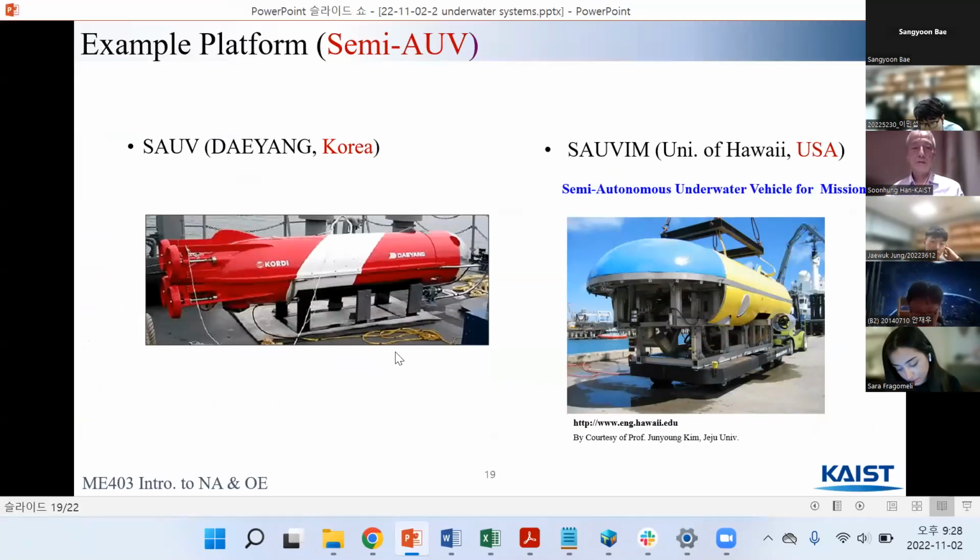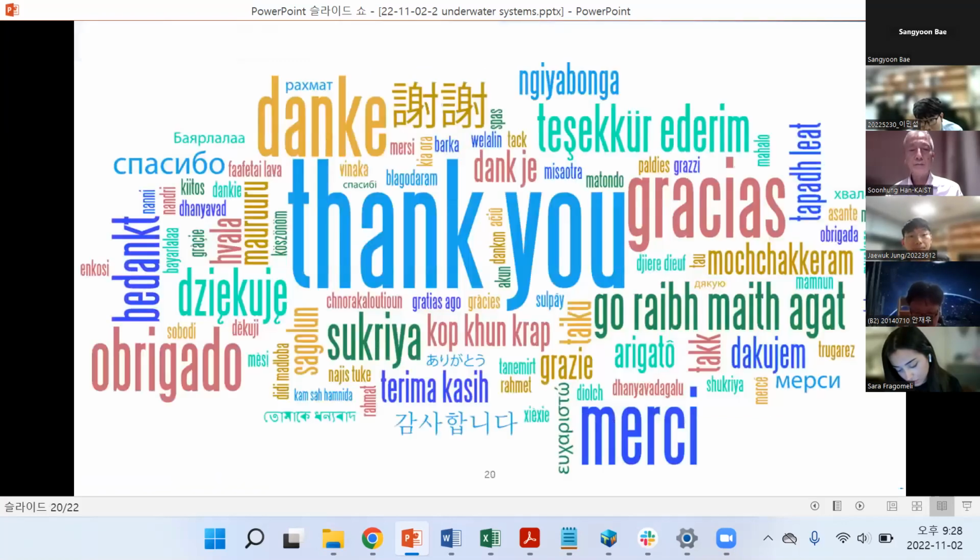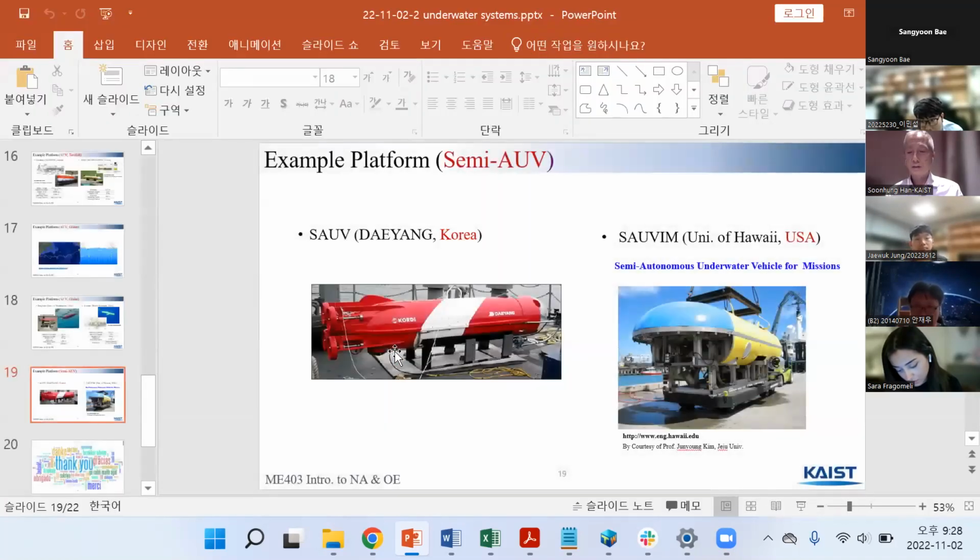Okay, so it is about semi AUV from Korea and also USA, a semi-autonomous underwater vehicle for missions. And there is a web address for them. All right, that's it.